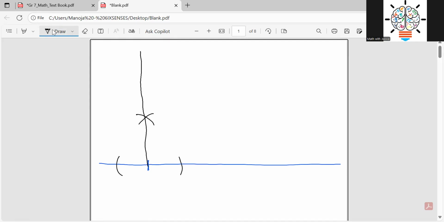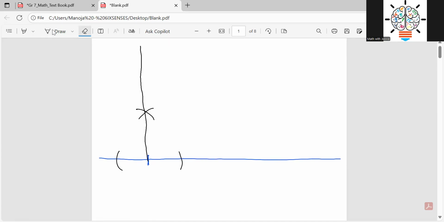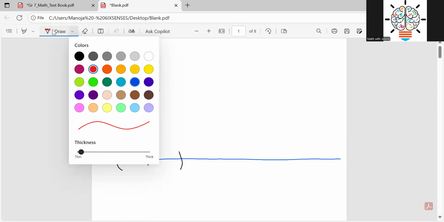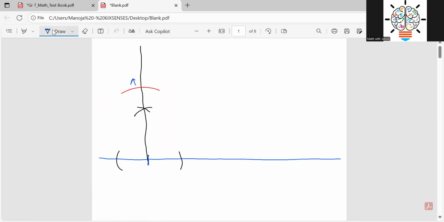And I want to mark a 4 centimeter line, right? So then I measure and I mark 4 centimeter. Let's say that this is 4 centimeter. So then I mark this is A and this is B.